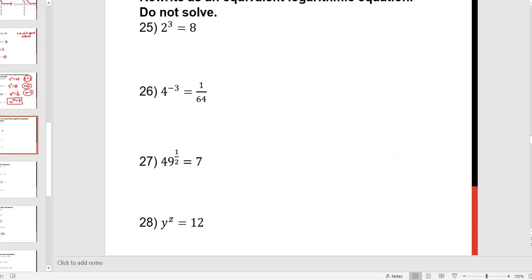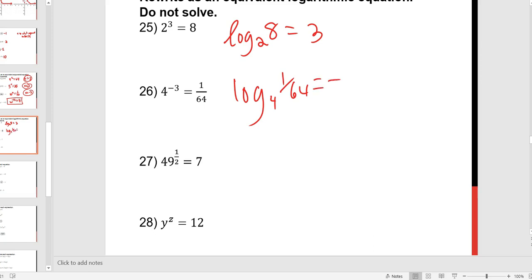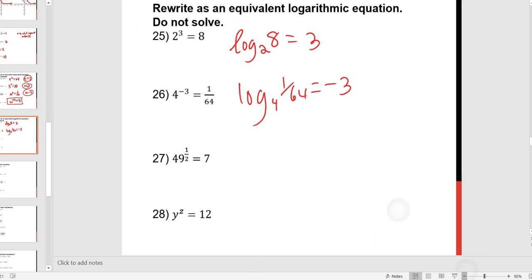So rewriting these into log form, what we do is we do log of the base, and here goes the result, is equal to the exponent. 2 to the third is 8. Log base of the result equals the exponent. Same on this one, so log of the base, the result is 1 over 64, is equal to the exponent.